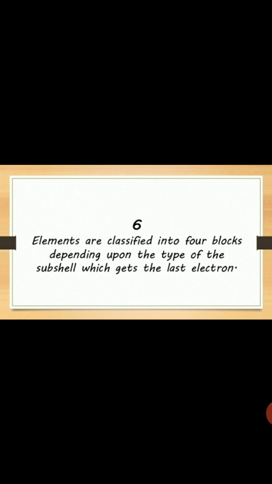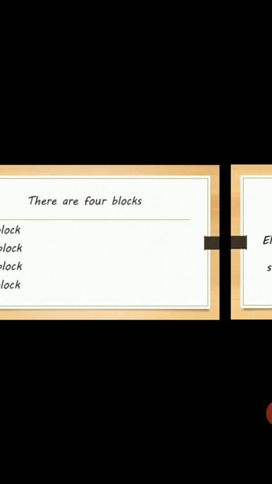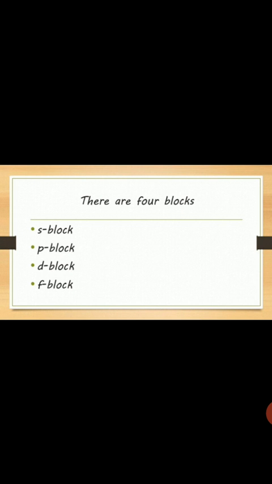So the elements are classified into 4 blocks depending upon the type of the subshell which gets the last electron. Right? If it gets the last electron in S subshell, it will be known as the S block element. If the last electron is filled up in the P subshell, it will be known as P block element. Similarly, if the last electron enters into D subshell, D block element, and if it enters into the F subshell, it will be known as the F block elements.